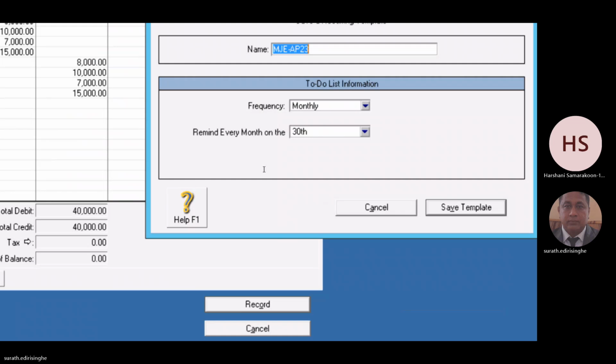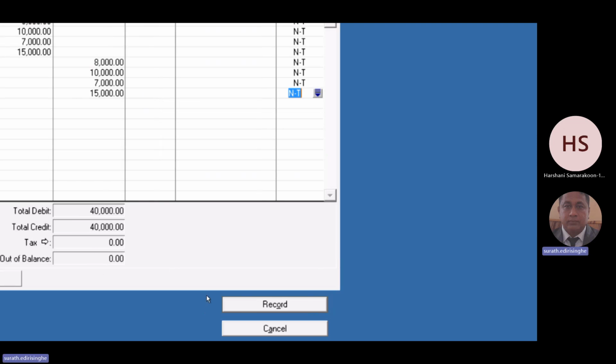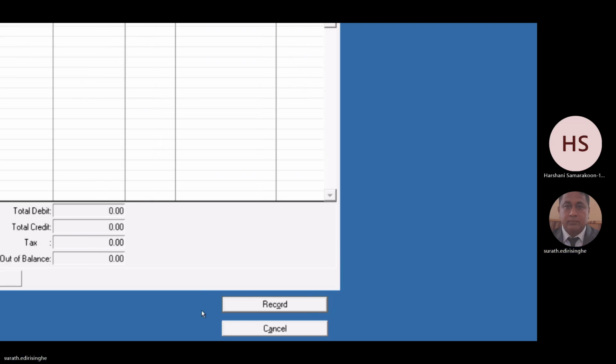I change the name here. Memorized journal. It is there. Okay. This month, name: Memorized journal entry, April 30th. Save as template. Then record. Now cancel.